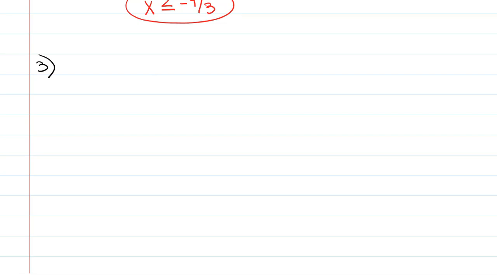So there is an exception to solving these. With equations, I said we solve inequalities just like equations. There's one exception. And the exception is that when you're solving an inequality, you must flip the inequality sign, or reverse the inequality sign, if you multiply or divide by a negative on both sides.